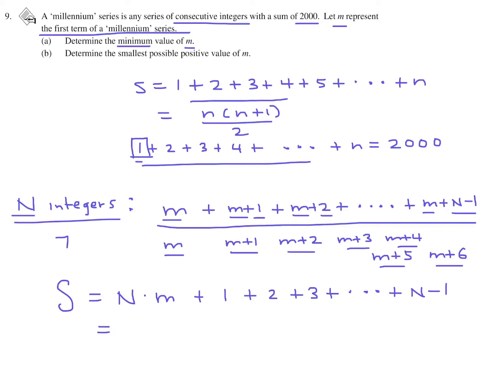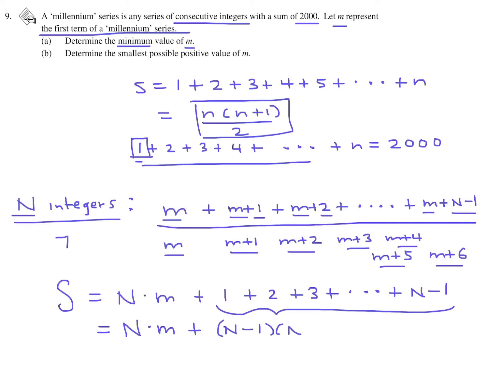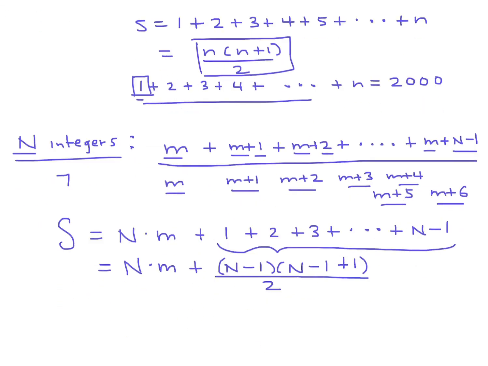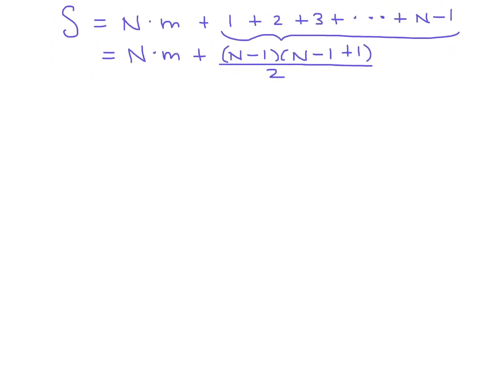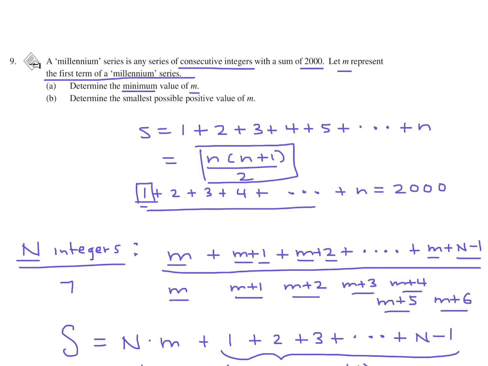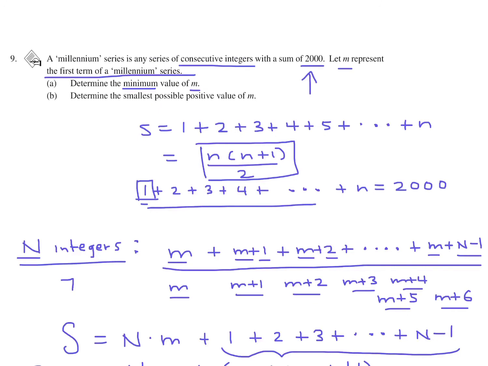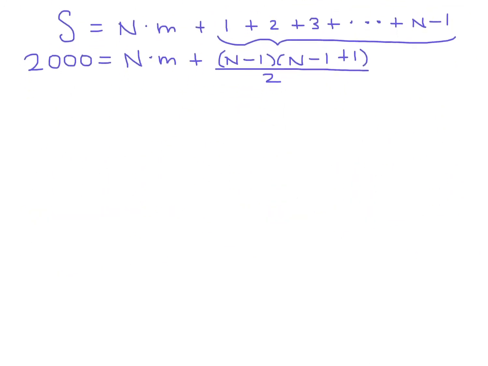And that's where this formula comes in. All right? So we have first the n m's, and then this whole thing becomes n minus 1 times n minus 1 plus 1 all over 2. Okay? So let's move this up. And they're saying this sum is equal to 2000. Yes, 2000. All right. So we need to work with this.